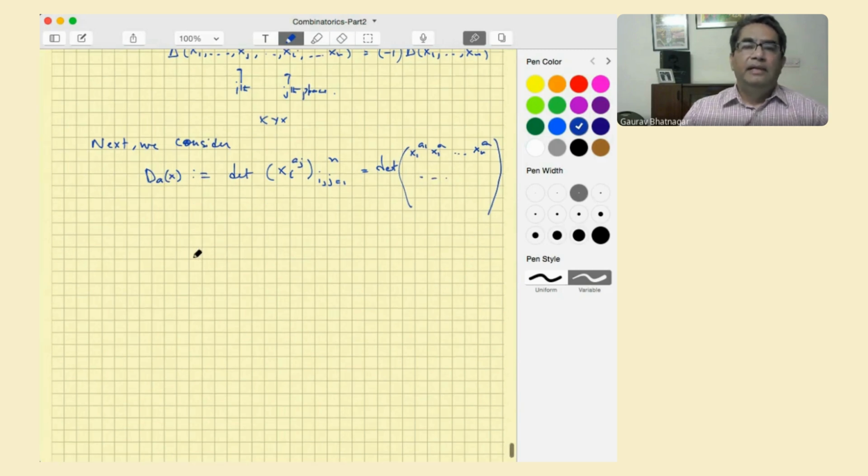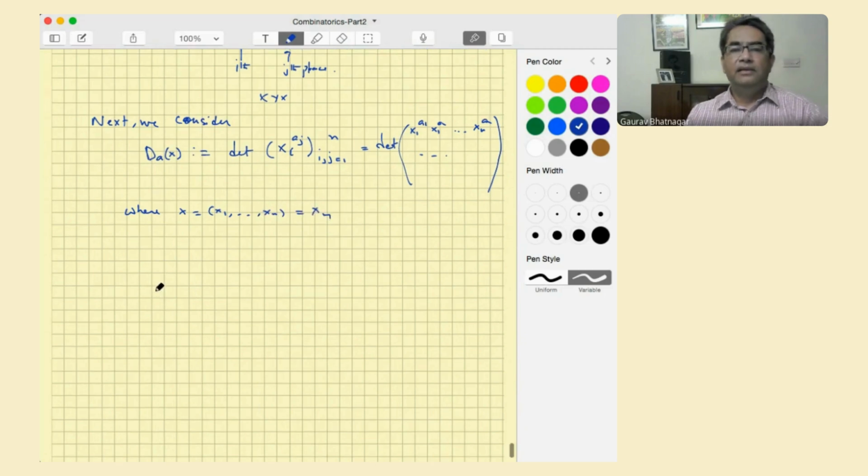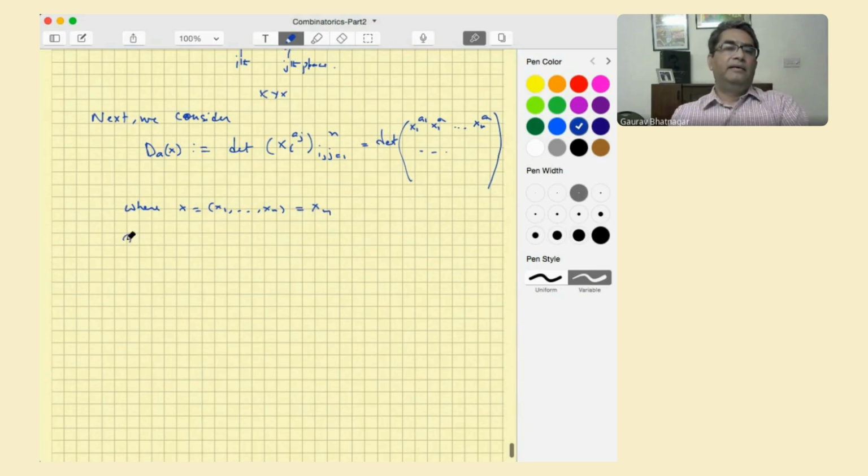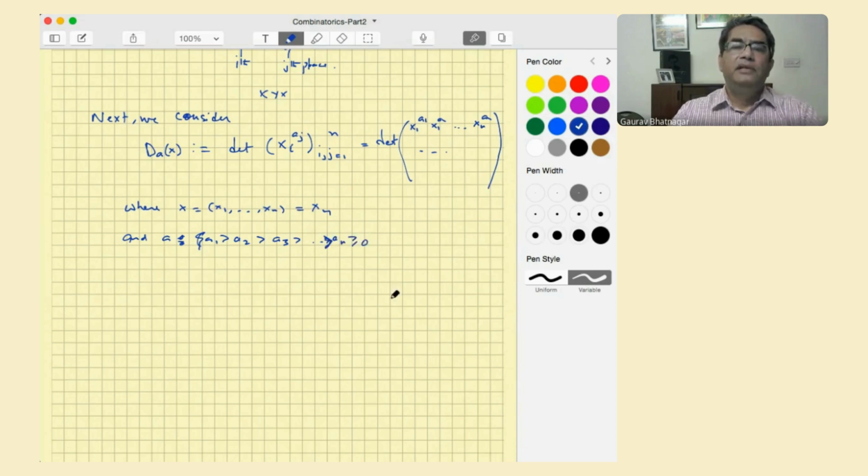Similarly, where x is now the same thing as our xn earlier, and a is a sequence, not a partition, sorry, a is a sequence a1, a2, a3, an, strictly bigger.